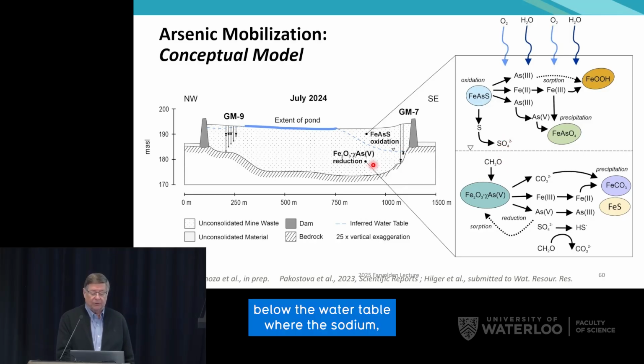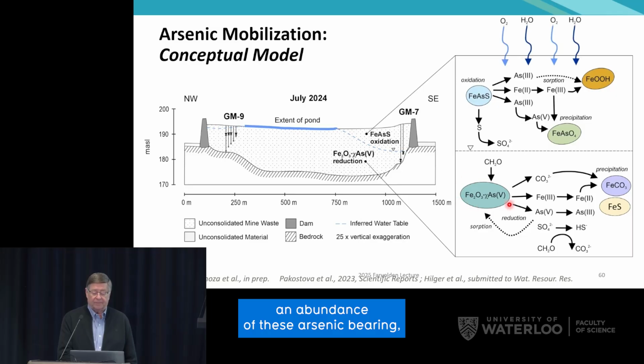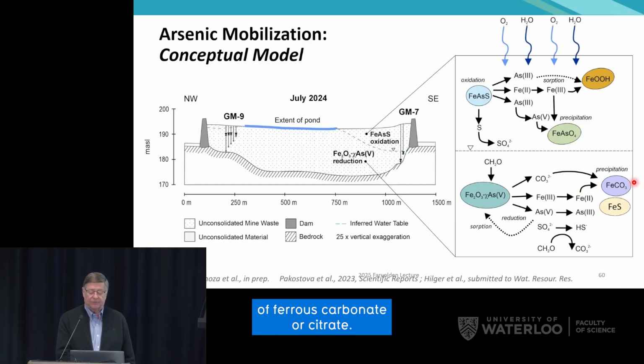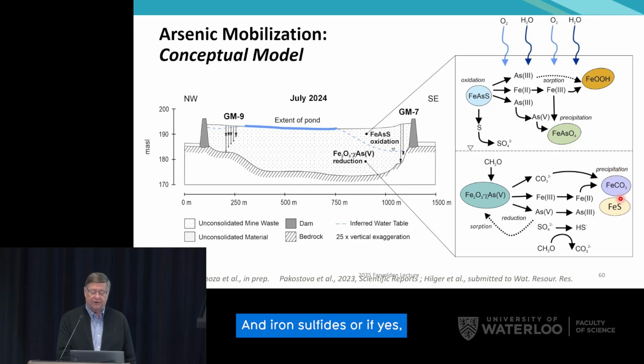Below the water table, where there's an abundance of these arsenic-bearing iron oxides, maghemite and hematite, that's reductively dissolved by iron-reducing bacteria, and that's releasing CO2 plus iron and arsenic. So that's resulting in the accumulation of ferrous carbonate or siderite and iron sulfides, or FeS.